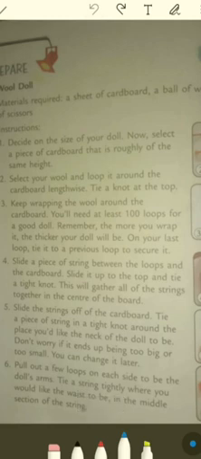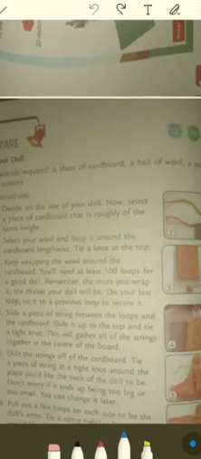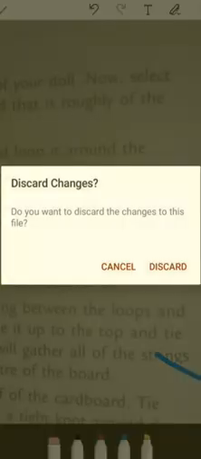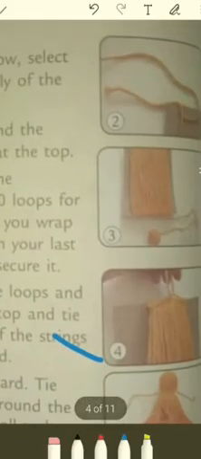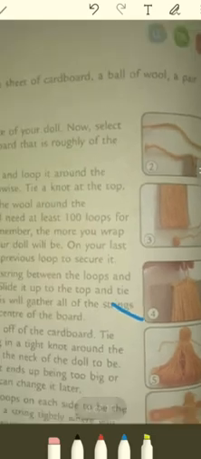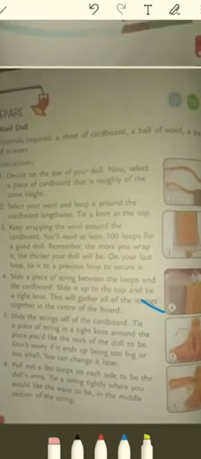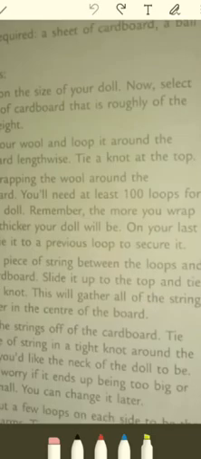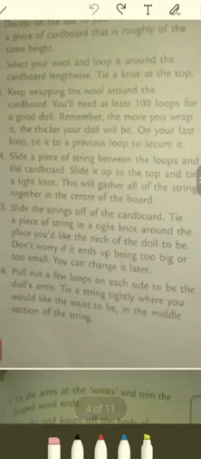Then point number 4, slide a piece of string between the loops. See, they have shown an example here.